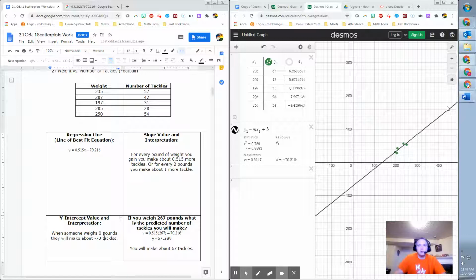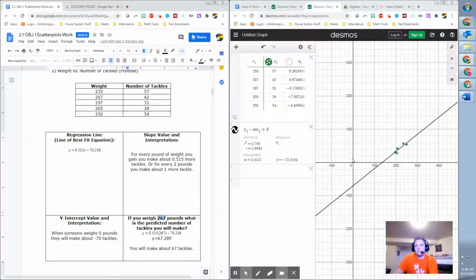It's more so maybe looking to progress as you get higher in weight, because it asks us to predict for 267 pounds, which would be, if you go over here, somewhere up here.